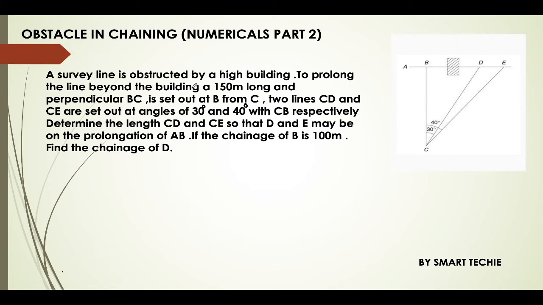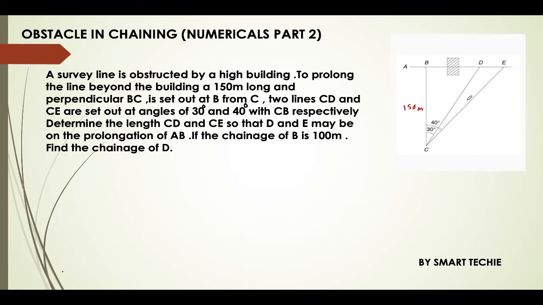Next, a survey line is obstructed by a high building. To prolong the line beyond the building, a perpendicular BC, which is 150 meters long, is set at point B. Two lines CD and CE are set out at angles of 30 degrees and 40 degrees with CB respectively.